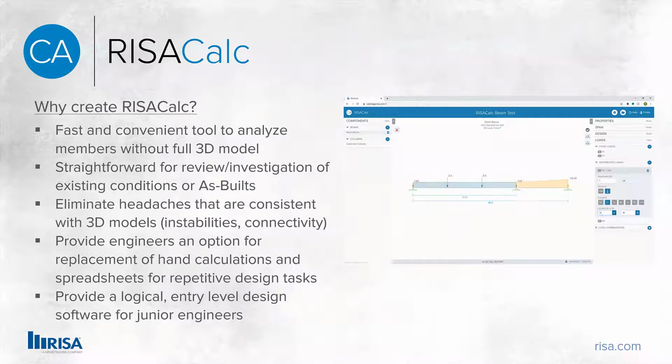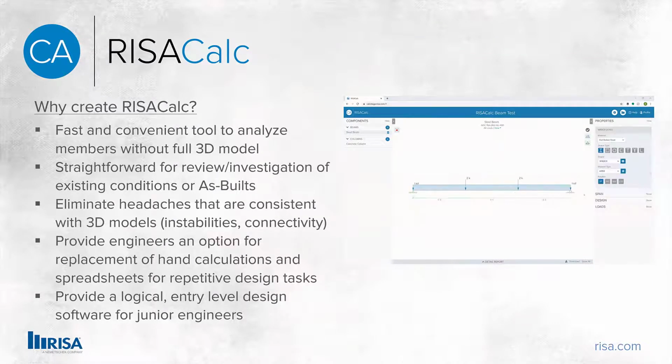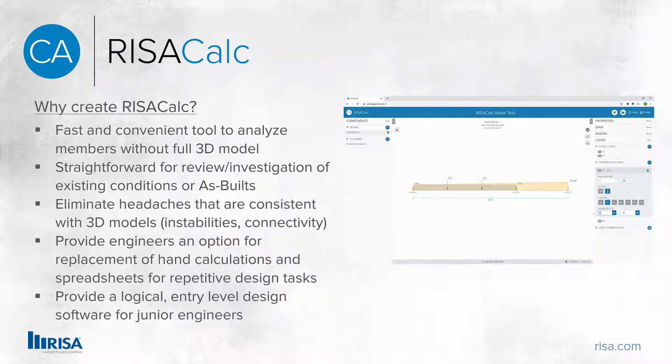Not everything that we do as engineers requires a full 3D or even a full 2D model that you would build in RISA 3D or RISA 2D. Sometimes you just need to do a quick check. In a lot of cases, we currently use hand calculations or spreadsheets or some other design tool to complete these repetitive tasks. That's one of the places that RISACalc fits in.